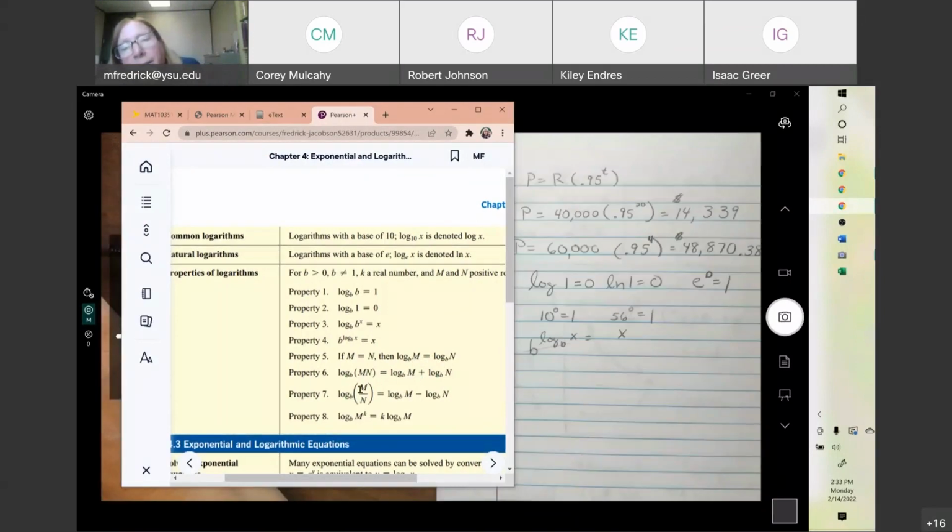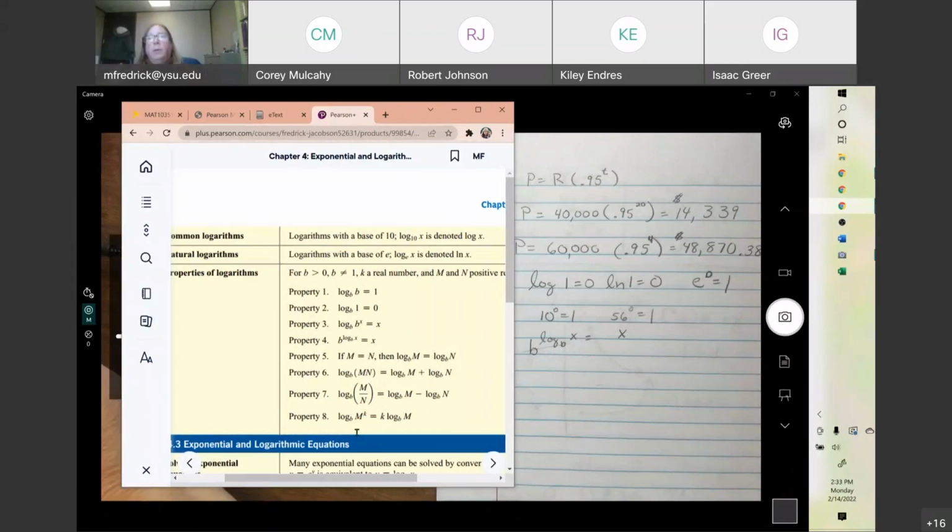Then these next 2, they kind of look like distribution problems. When you are multiplying 2 things and taking the log of it, you can separate it by an addition. So multiplication becomes addition. When you're dividing, it becomes a subtraction, the top one minus the bottom one. And then another one we'll use a lot: when there is an exponent, you can bring it down.